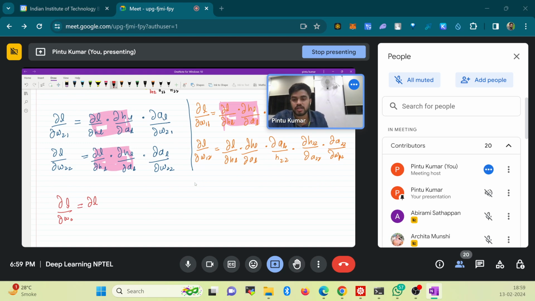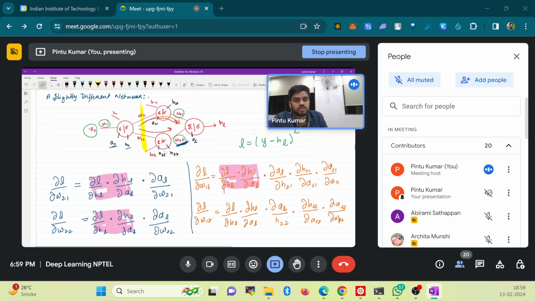So this is del L by del HL and then del HL by del W naught. Let me write one more thing: this is del HL by del AL and then del AL by del W naught. Till now we haven't branched, because we reached from loss to HL, then HL to AL.